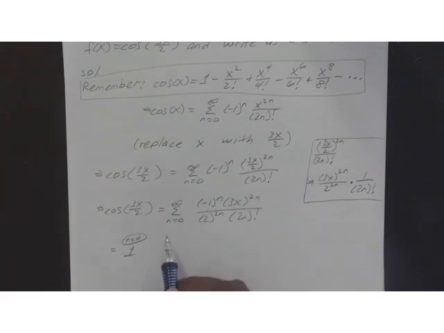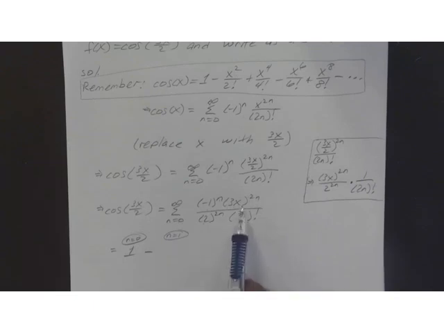Okay, now we have to do n is equal to 1. So -1 to the first power is -1, so this is going to be a minus. So we have 3x to the power of 2 times 1.